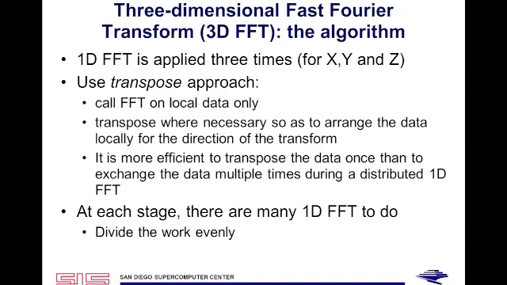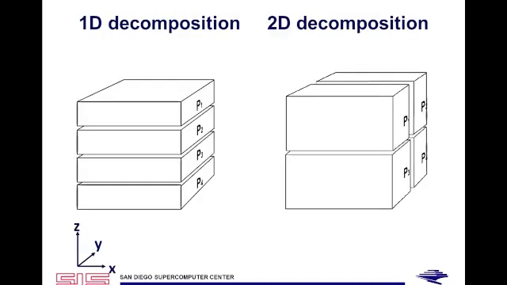So the approach is that we transpose the data so that the data is local in the direction that we are doing the Fourier transform. We can consider one-dimensional decomposition, where each processor is responsible for a slab of data, or several planes of data of the cube, or 2-dimensional decomposition, where each processor is responsible for a column or a pencil of data.